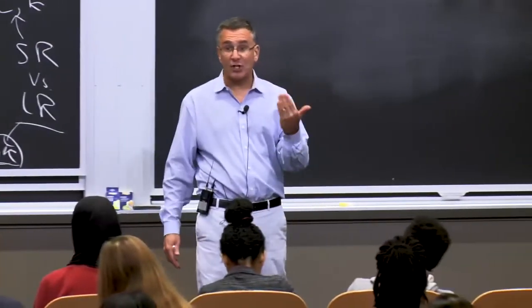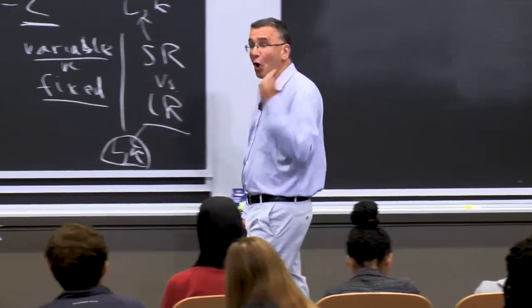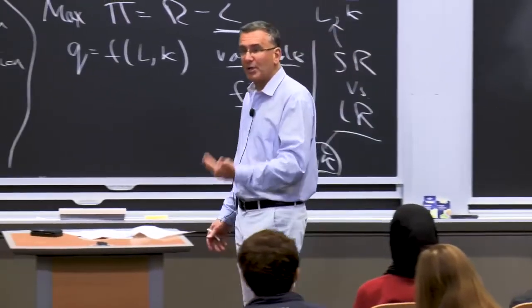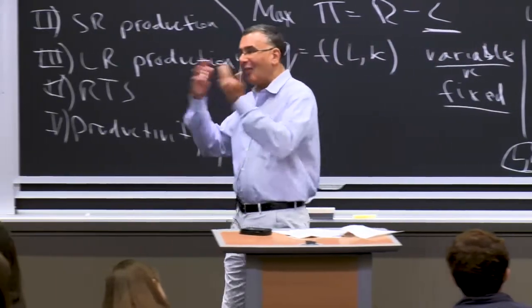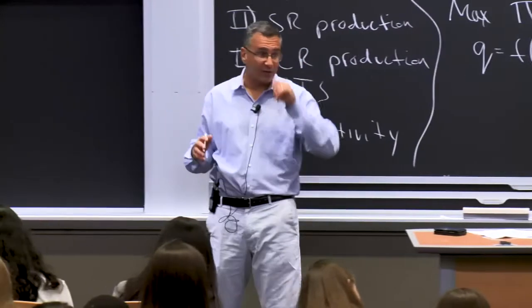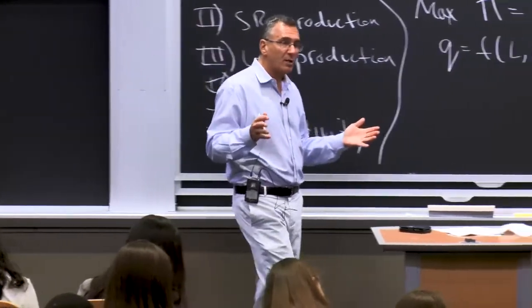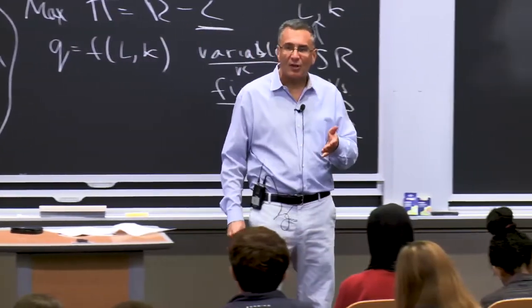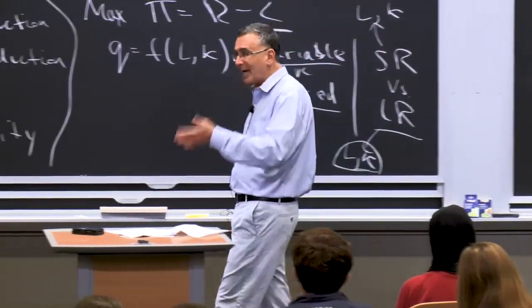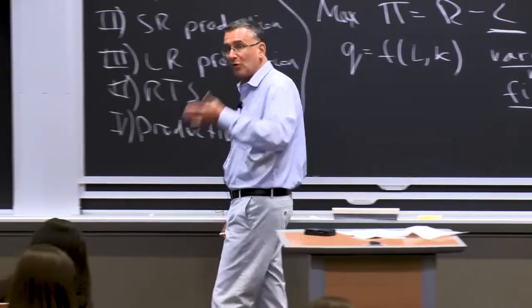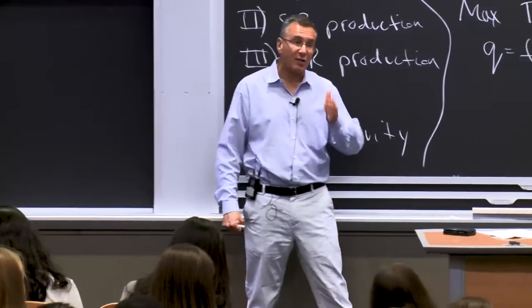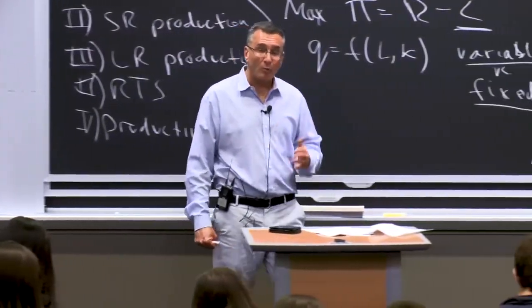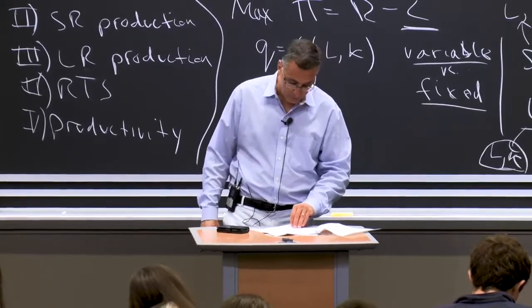That's our technical definition. So think about how long it takes to build a plant or make new machines. That's the long run. So I'm never going to ask you, is the short run 8.3 days or 9.7 days? There's no right answer. The technical answer is, the short run is a period of time over which some inputs are fixed and some are variable. The long run is a period of time over which all inputs are variable.